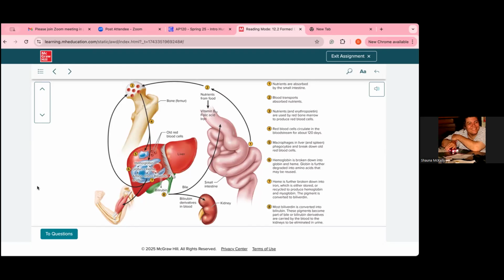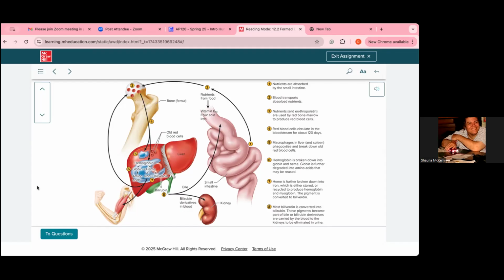So globin goes to amino acid, and heme goes to iron, which is recycled to produce hemoglobin and myoglobin.